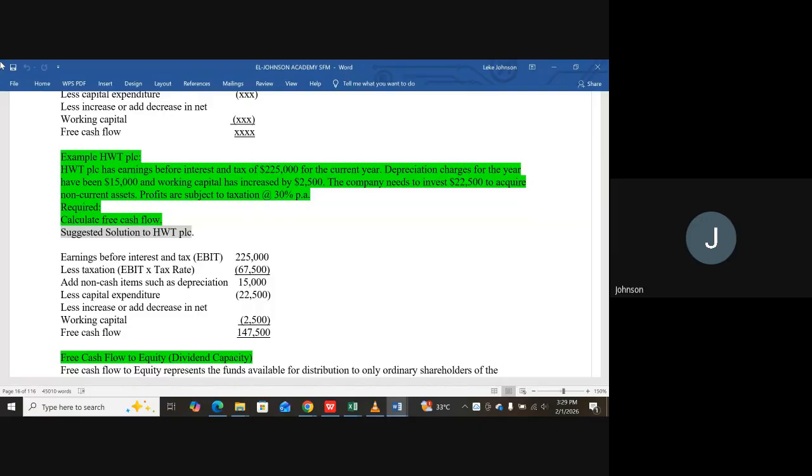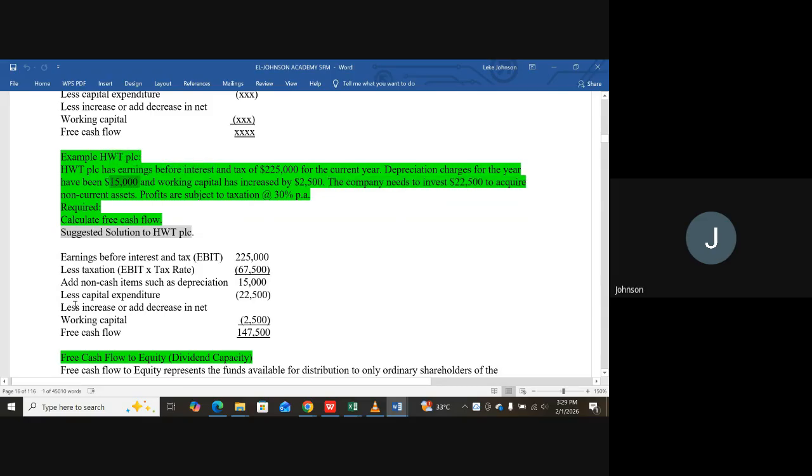Then the company needs to invest 22,500 to acquire non-current assets. Remember, if there's any asset you want to buy, you need to set aside that money. Depreciation charge for the period is 15,000, which is not a cash item. It's a non-cash item.